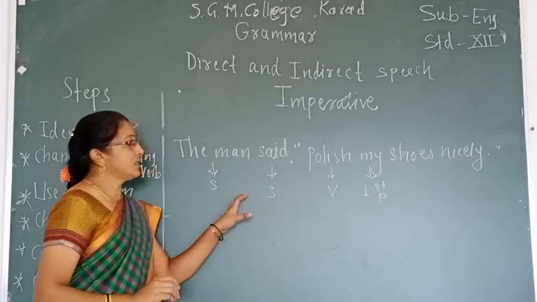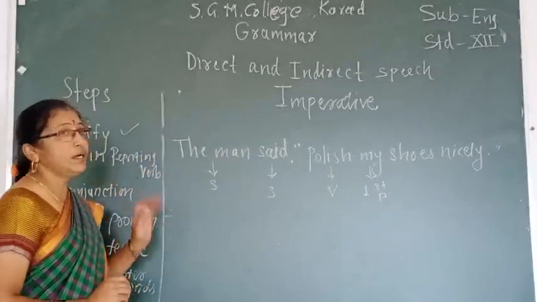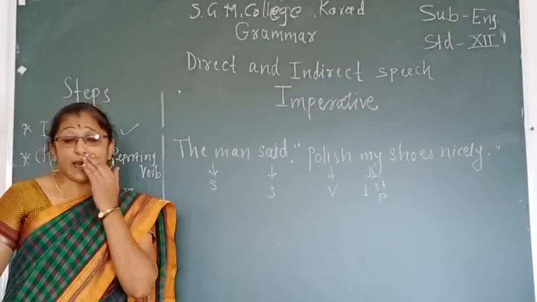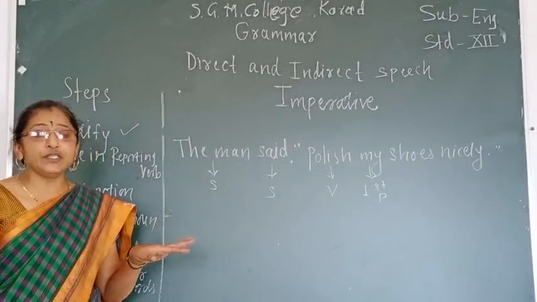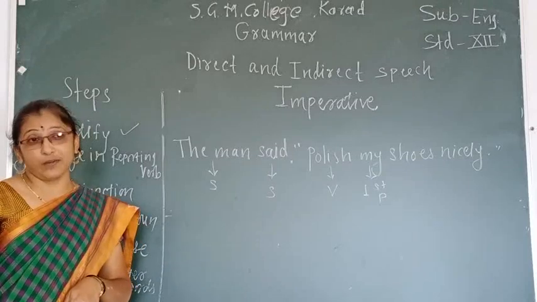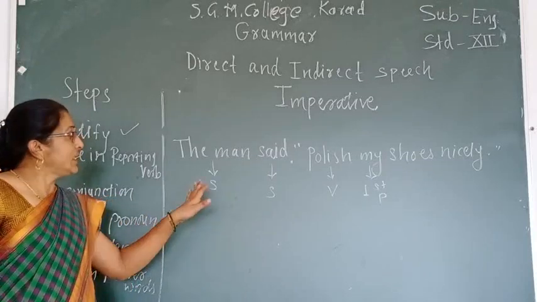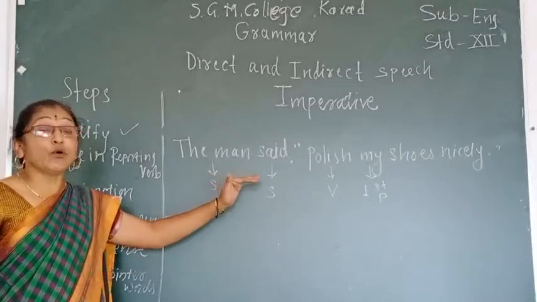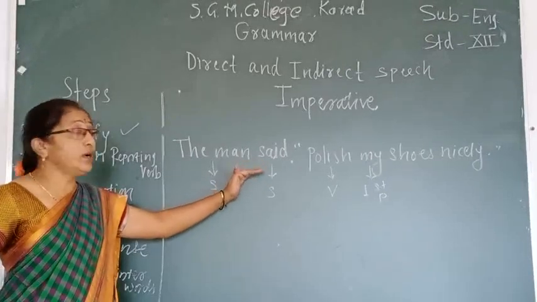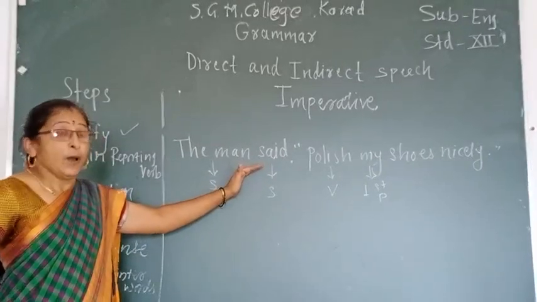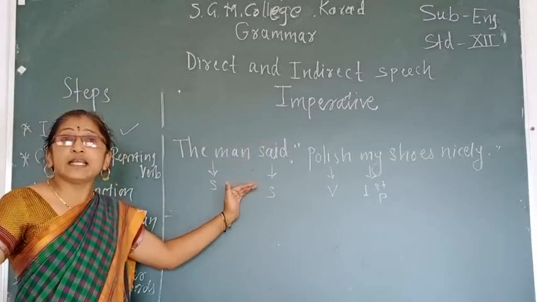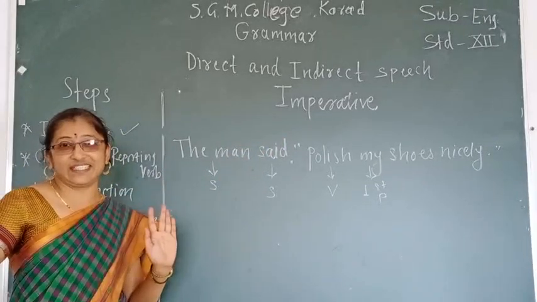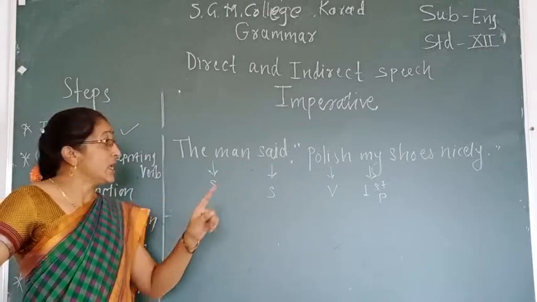In the sentence, there is no pointer word. While changing an imperative sentence into indirect speech, some changes take place. First is the change in the reporting verb. The reporting verb in imperative sentences depends on the sentence.